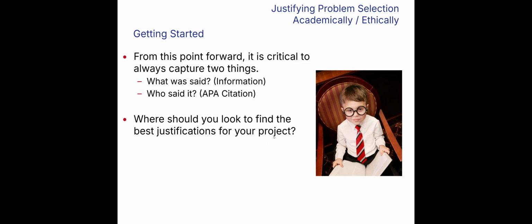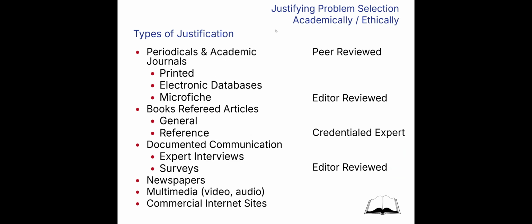Okay. Where should you look to find your best justification? To an extent this is a little bit dated, because it's not like there are physical periodicals and academic journals anymore. It's electronic databases. Who's got microfiche anymore? I don't think our library has any microfiche.